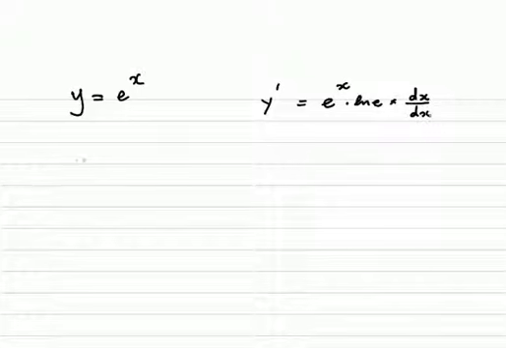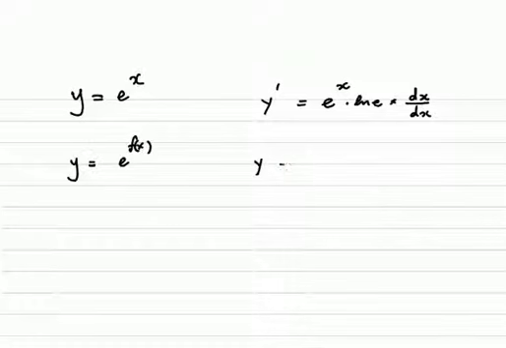We know that the derivative is equal to e to the power of x multiplied by ln of the base multiplied by the derivative of the argument. And taking it generally, then we'll say y equals e to the power of f of x. The derivative will be e to the power of f of x, ln of the base, multiplied by f prime.